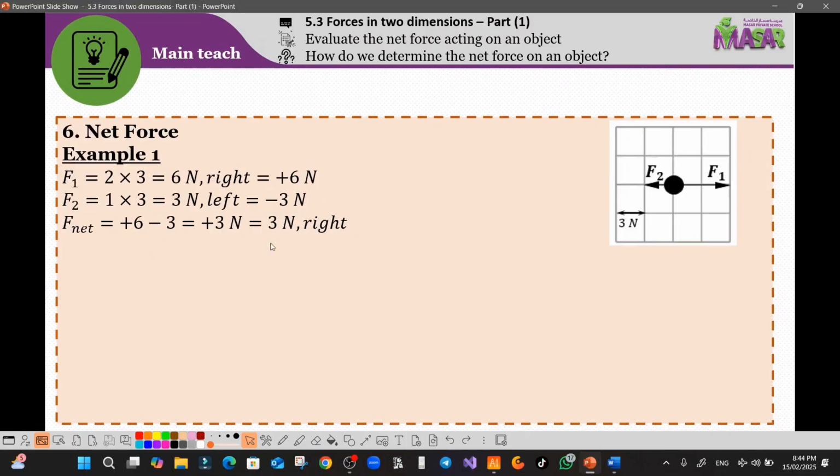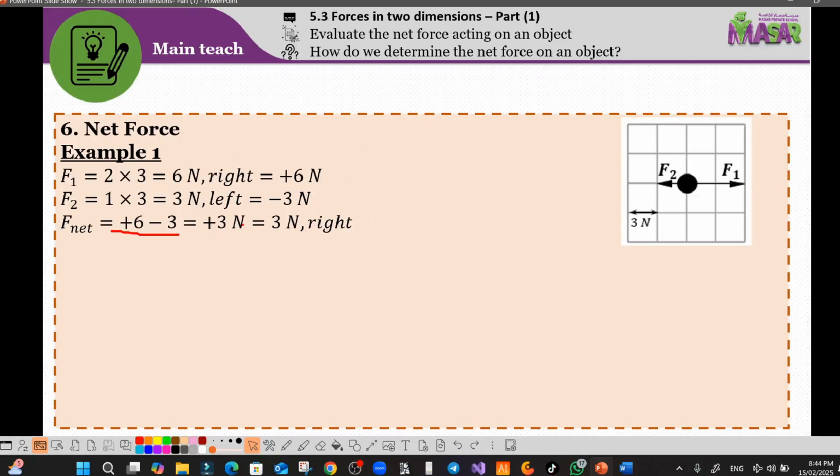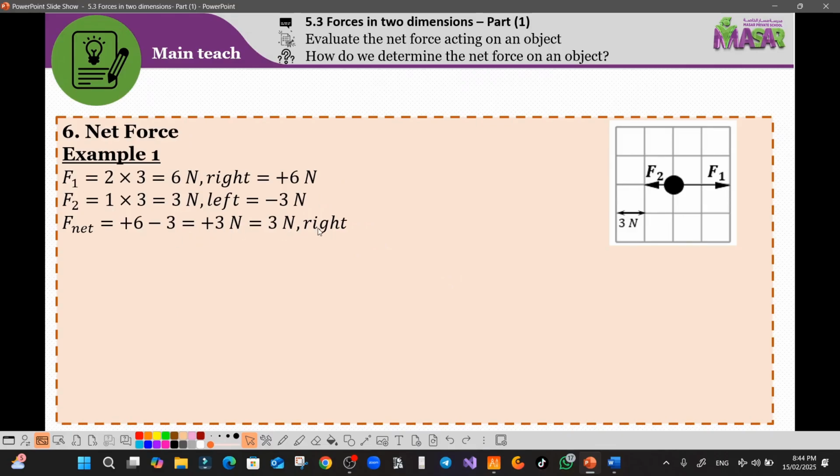This is minus 3 next to each other. Now we use the calculator, or can do it mentally. It's super easy. Plus 6 and minus 3, it's plus 3 Newton. Now let's express it again using left and right direction. Plus stands for right. This is why I'm going to write it as right.